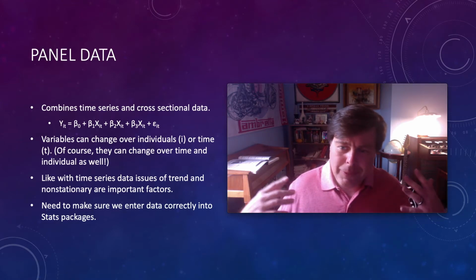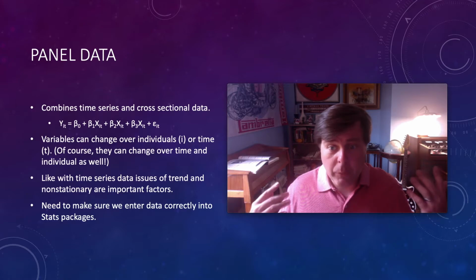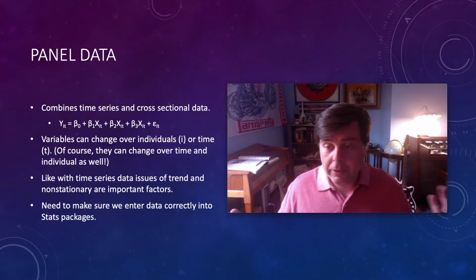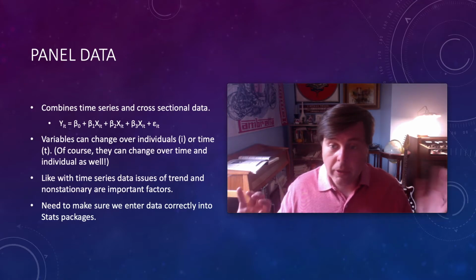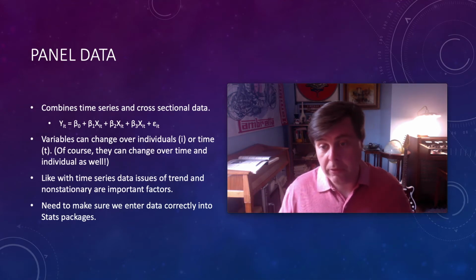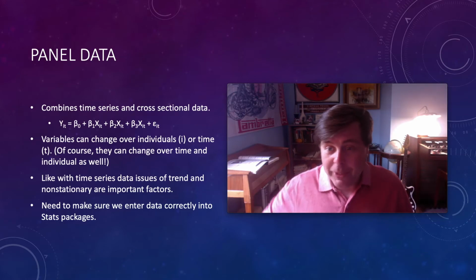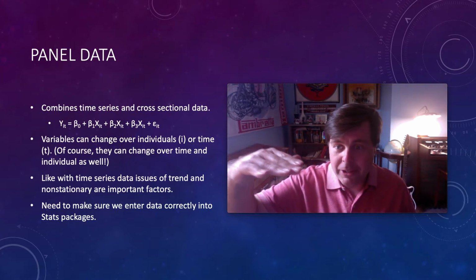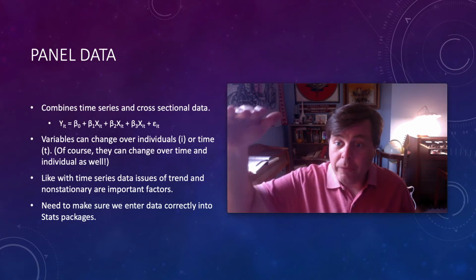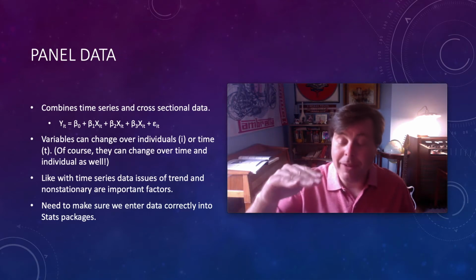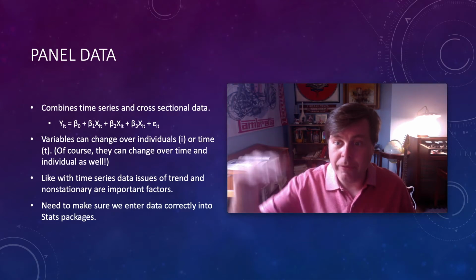Okay, now you might be thinking, well, what is this? Well, imagine that we have data over several years across several U.S. states. Now, for those of you in the rest of the world, the United States has 50 states. Imagine we have data, 1990, 1991, 1992, 93 for Alabama. And then we have 90, 91, 92, 93 for Alaska.